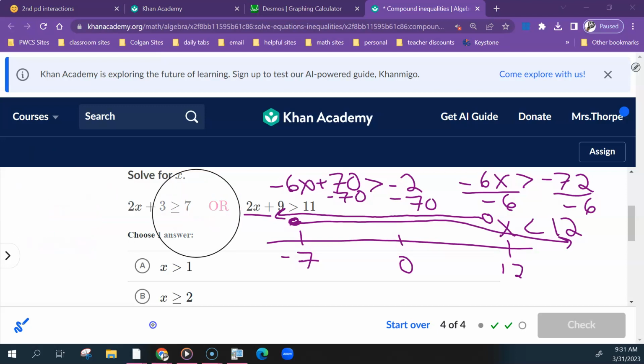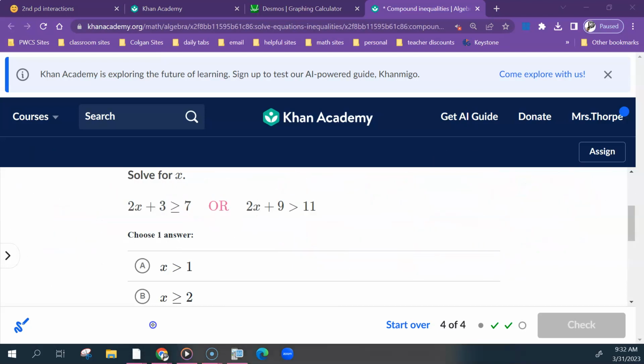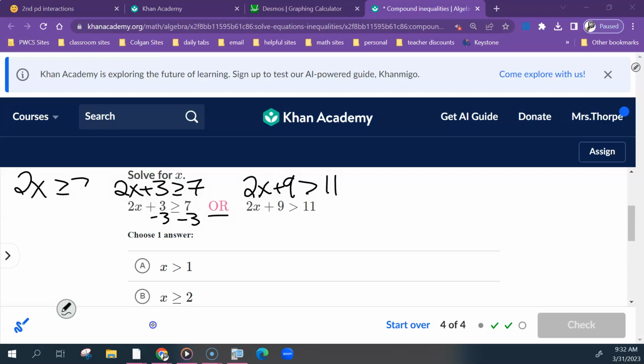Okay, and then let's do one more. So 2x plus 3 is greater than or equal to 7, or 2x plus 9 is greater than 11. Solve both of them. So this one we're subtracting 3, and then dividing.